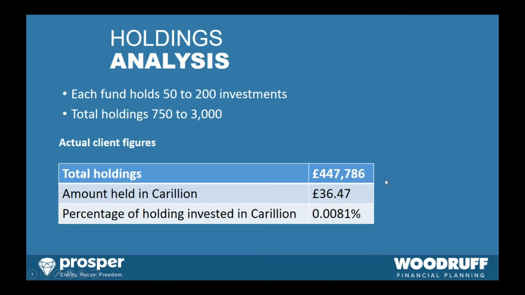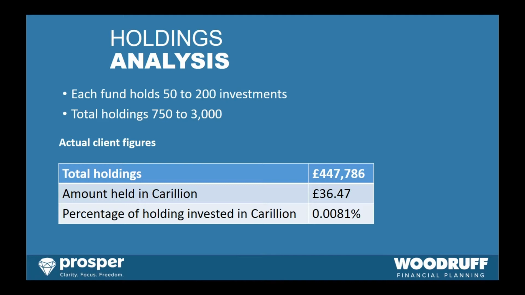For this particular client, they've got £447,000 invested with us. It turns out when we drill into the data, they only have one fund which is invested in Carillion. Obviously, it's the UK Large Companies Fund, and that fund held 0.08% in Carillion at the date of this analysis. What that equates to for this client is £36.47.